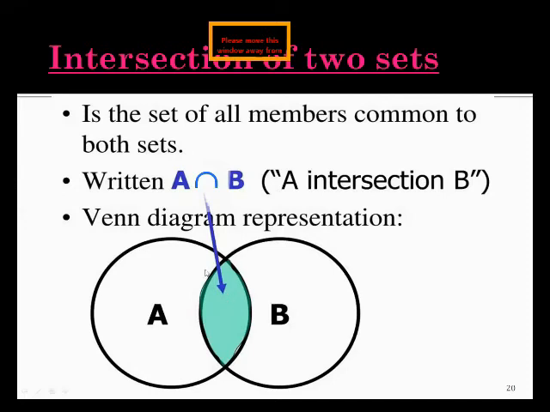So we only shade this part of the Venn diagram, and it represents the intersection of these two sets.